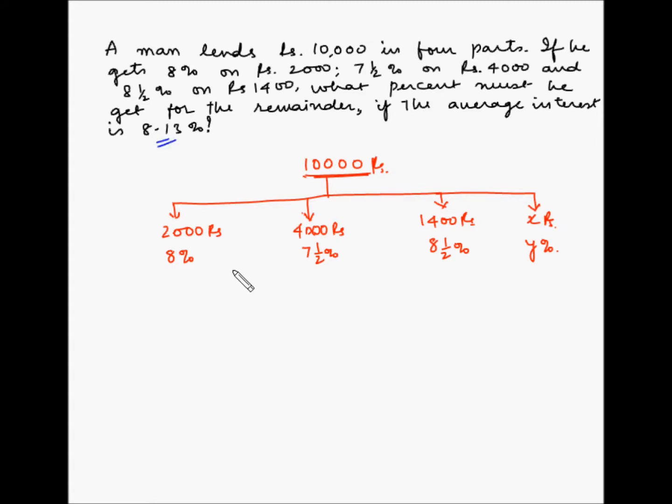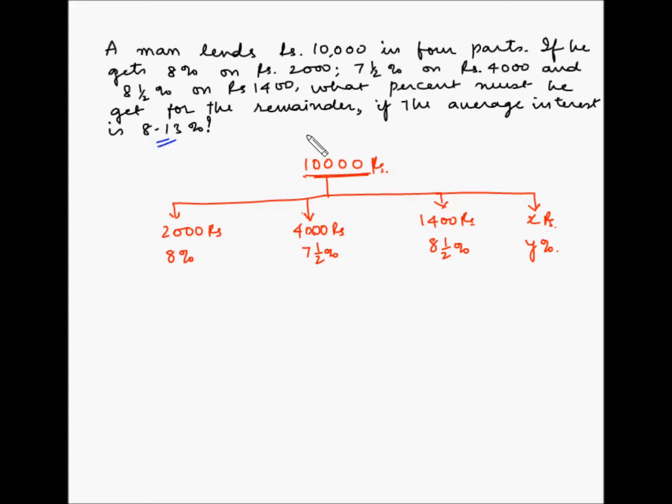So what this means is that if you find out 8% of 2,000 in terms of rupees, then you find out 7.5% of 4,000 rupees, then you find out 8.5% of 1,400 rupees, and Y percent of X. So all these four amounts, which is the interest on each of these four, if you add it up and then express that as a percentage of 10,000 rupees, then it will be equal to 8.13%.